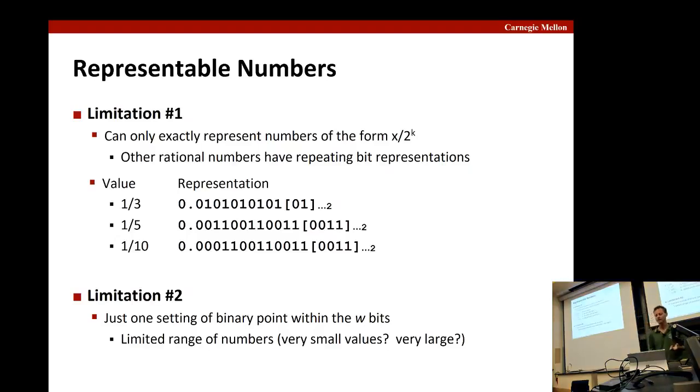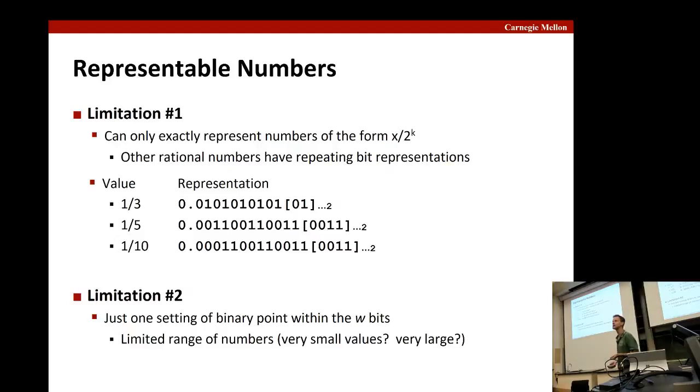So you notice that whereas in base 10, 1/10 was represented very simply as 0.1, in base 2, 1/10 cannot be represented in a fixed number of bits. It's just a repeating sequence.